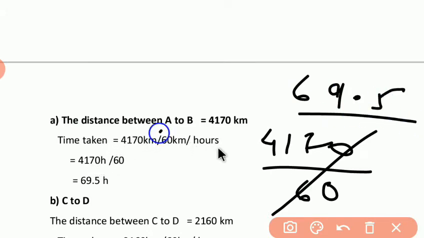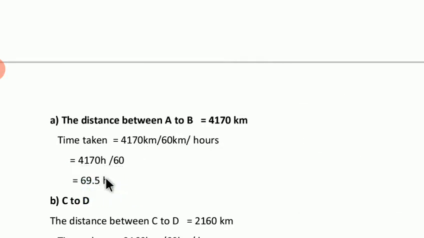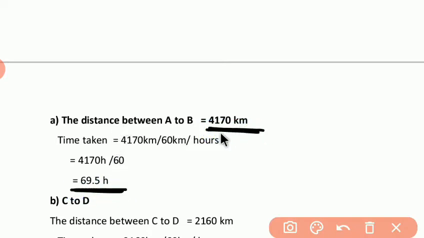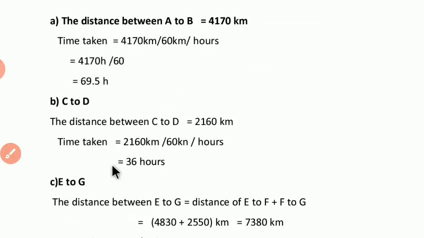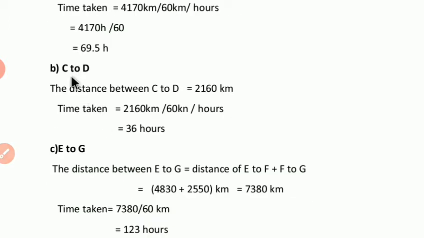You can see that kilometer is cancelled by kilometer. Only hour is left. So 4170 upon 60. If we divide this number, we will get 69.5 hours. It means in 69.5 hours, the bus covered 4170 km with a speed of 60 km per hour. This one you can divide by direct division.